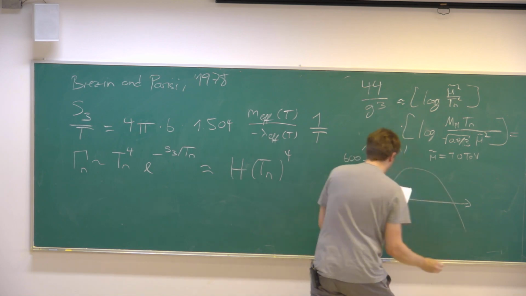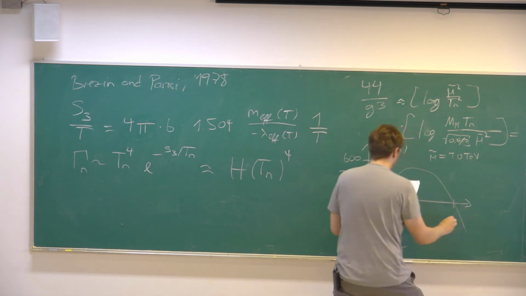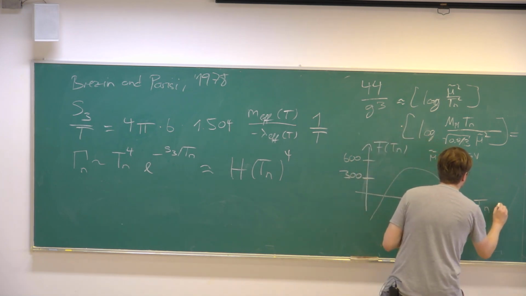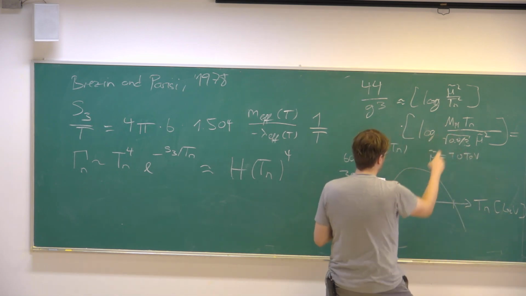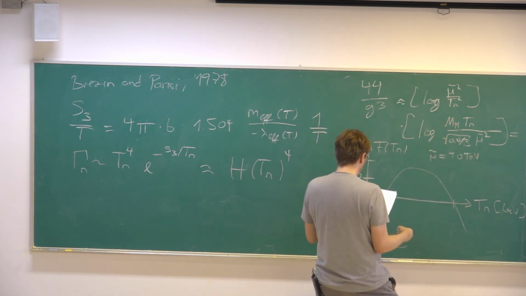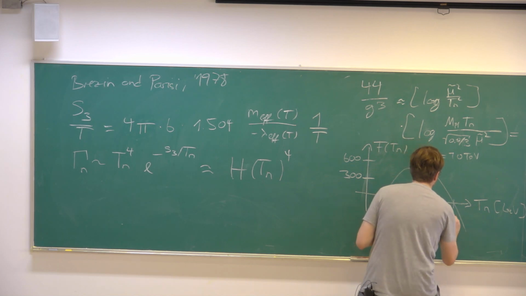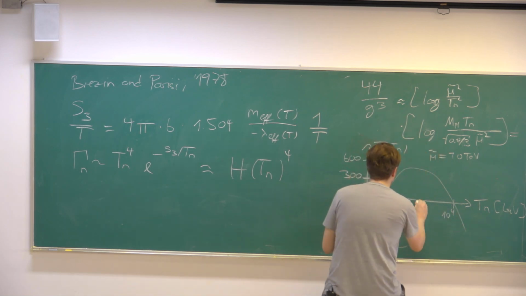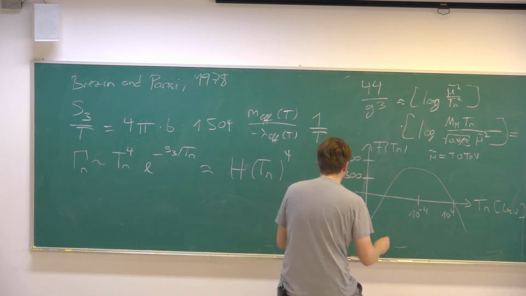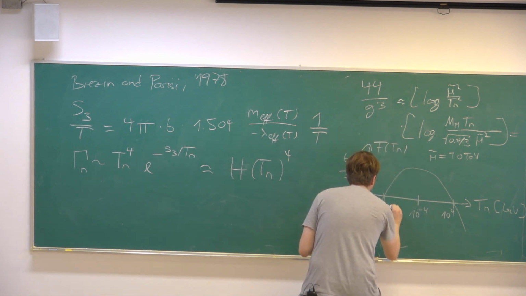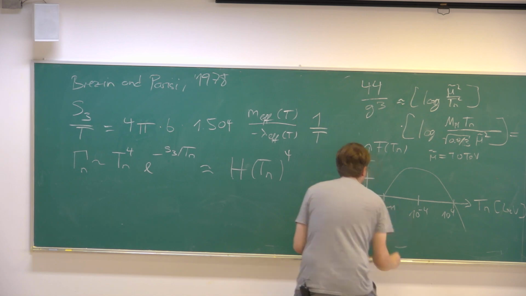This is the function of Tn for a fixed mu tilde, and this would be 10 to the 4 GeV. This is a logarithmic scale here. 10 to the minus 4 GeV is roughly where the maximum is. 10 to the minus 11 is where it goes to zero again.